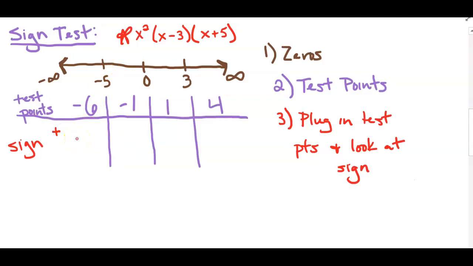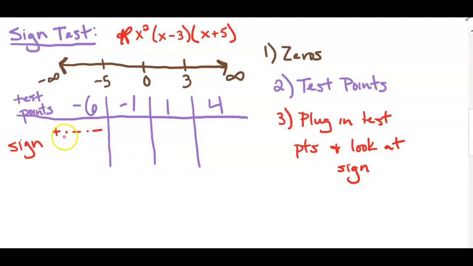All I care about is the fact that it's going to be positive. Next factor, when I plug in -6 for x in x minus 3, -6 minus 3, I don't care what number it gives me. I just know and care that it's going to give me a negative number. Last factor, -6 plus 5, that will also give me a negative number.